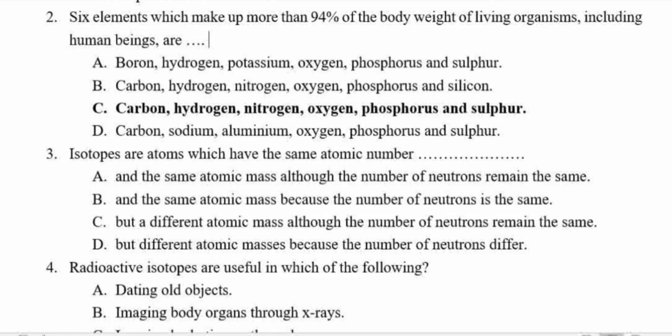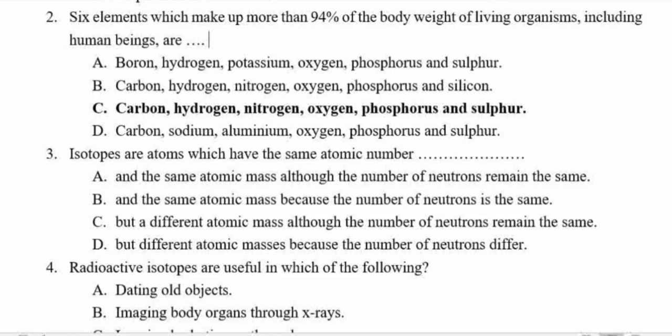Remember, the word isotopes comes from 2 Greek root words. One is isos, I-S-O-S, and it means equal. The other one is topos, T-O-P-O-S, which means place.